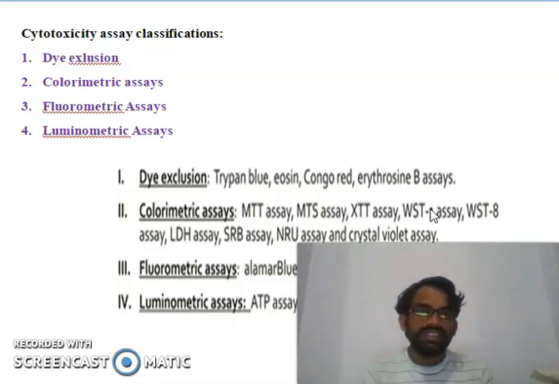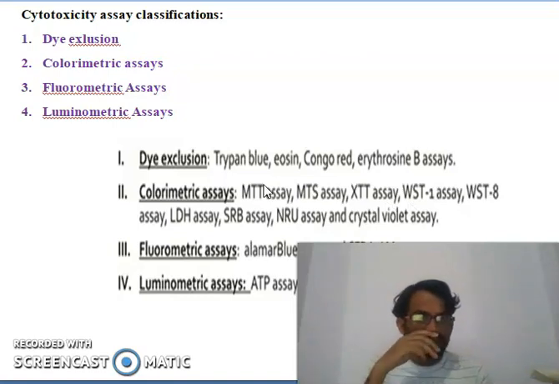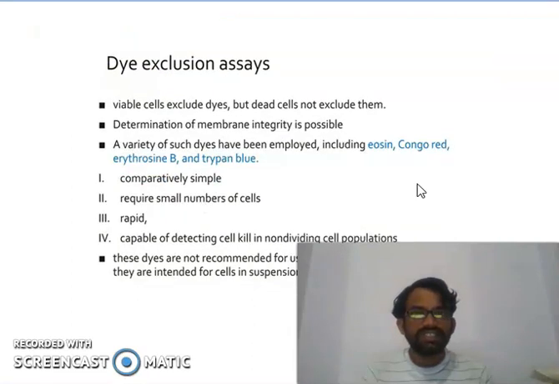luminometric assays. For dye exclusion you can use Congo red and Erythrosin B, and for colorimetric, the MTT assay. You can use the crystal violet assay, and fluorimetric and luminescence assays also. What is the dye exclusion assay?